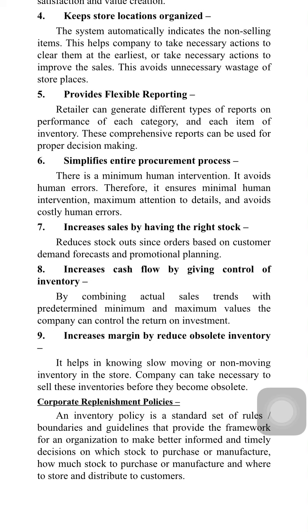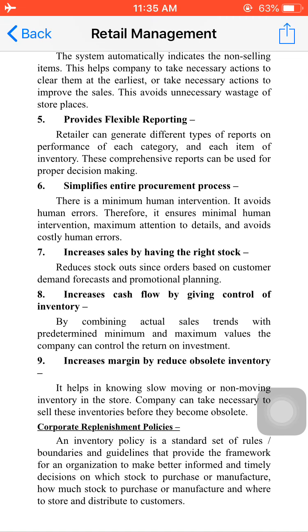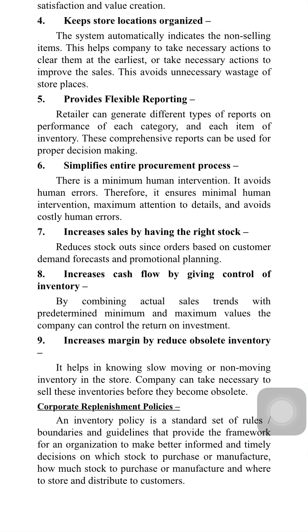So in this process there is a need of maximum attention to details and it avoids costly human errors. So there will be not many errors when compared to the manual system. When you all do the things through computers, you all know that the computer does its work on its own basis. There is no maximum human intervention required.